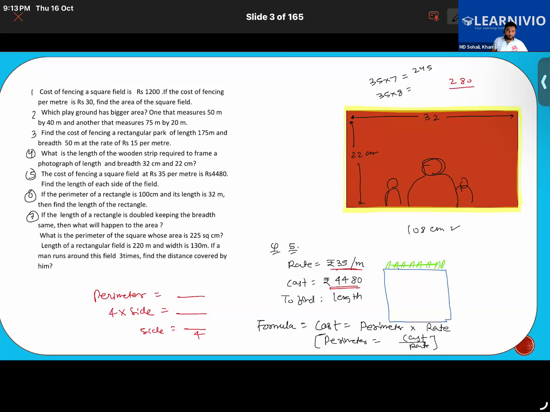Okay, try that. 35 multiplied by 8. 5 eights are 40. 3 eights are 20. 270 I'm getting.